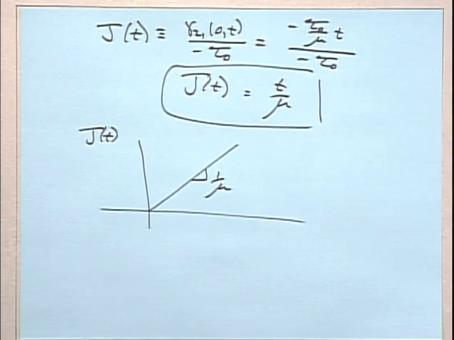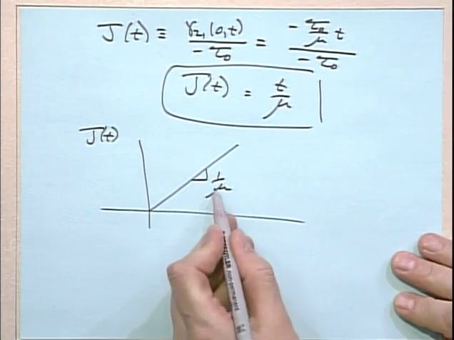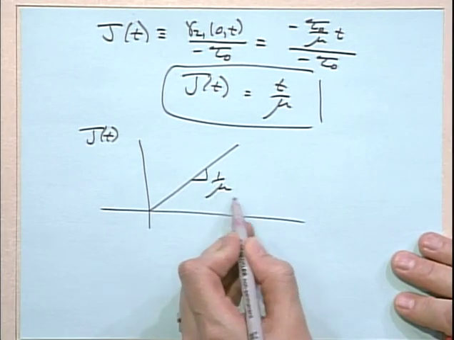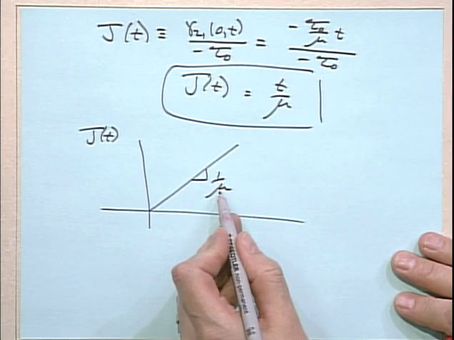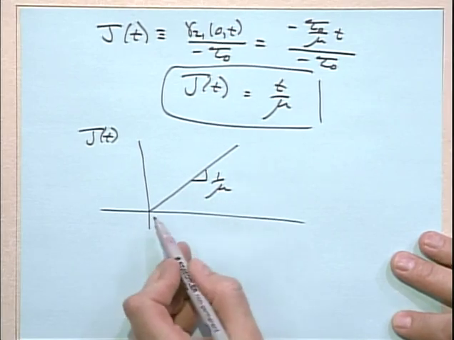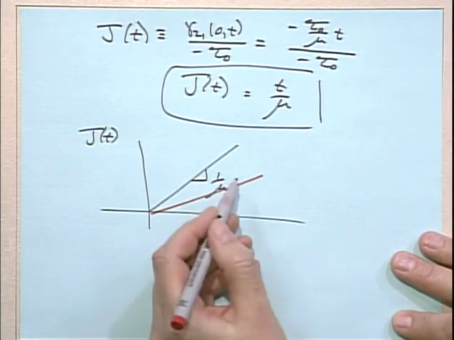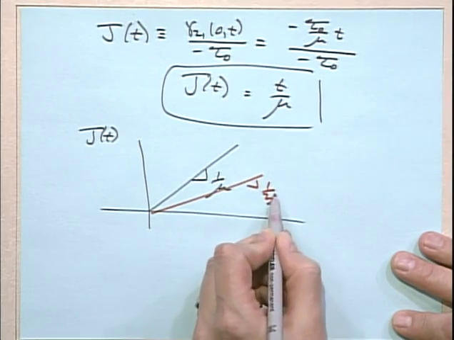Twice as steep? Wait, no. Half as steep, right? If I double the viscosity, this denominator gets bigger, which means the ratio gets smaller. So this is 1 over 2 mu.